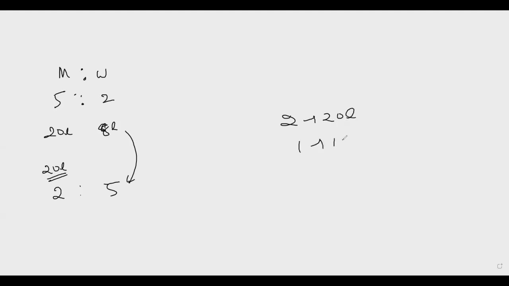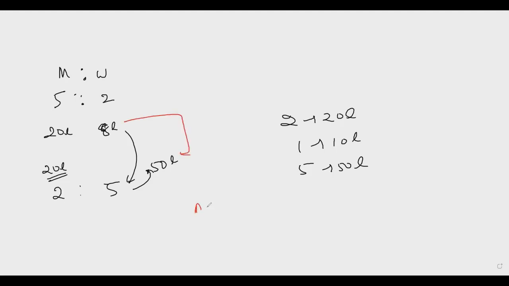Milk and water is 5:2, right? So we put 20 liter, 8 liter. Then in the second case it is 2 and 5. This is still 20, so 2 is 20 liter, 1 is equal to 10 liter, 5 is equal to 50 liter.